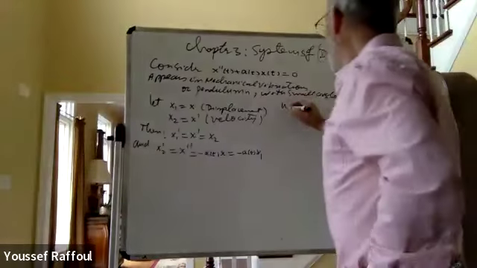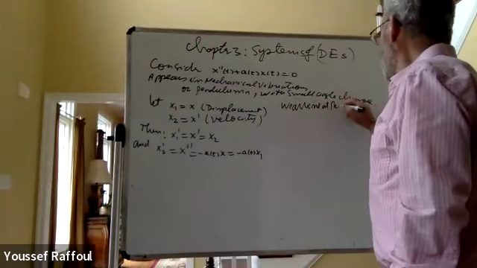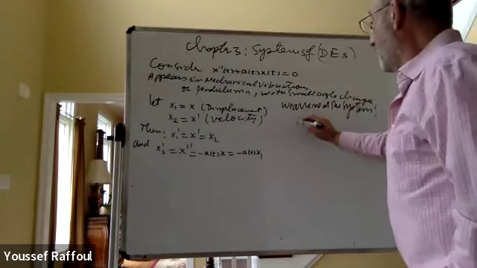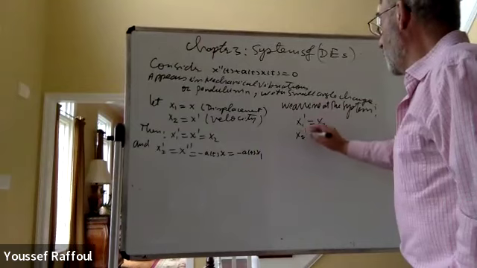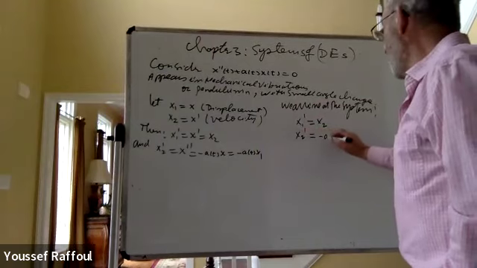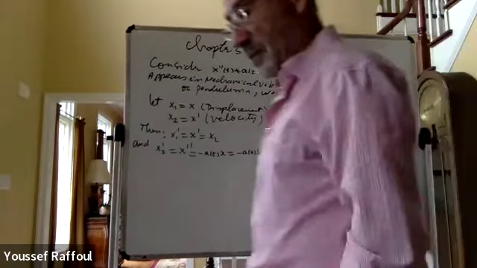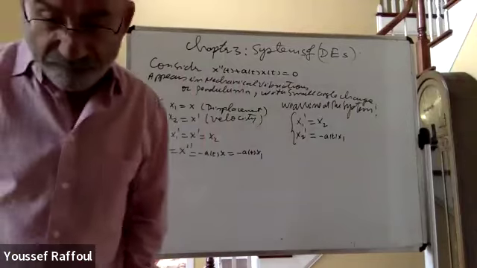So we arrive at the system x1 prime equal x2 and x2 prime equal minus a(t)x1. So that is a system, you see?